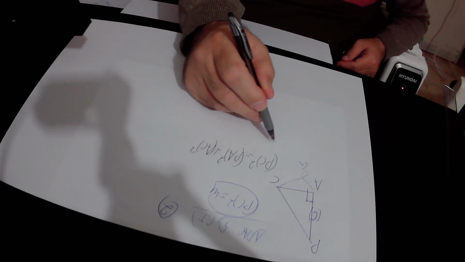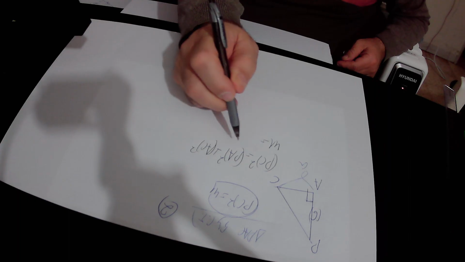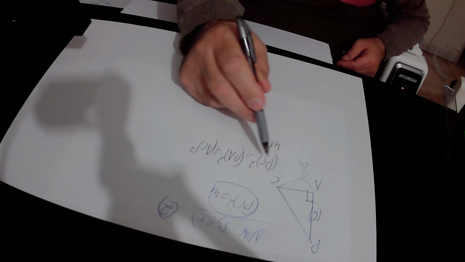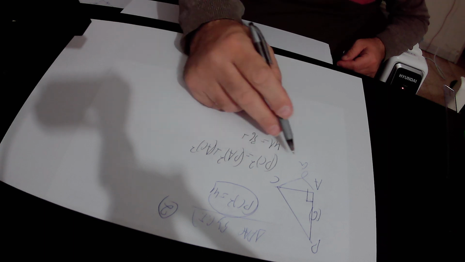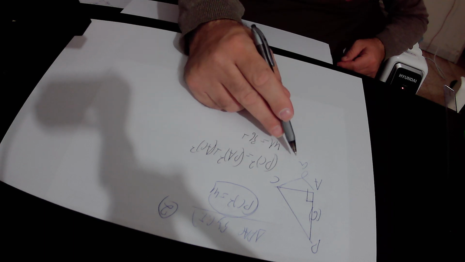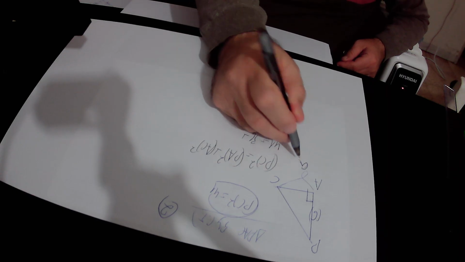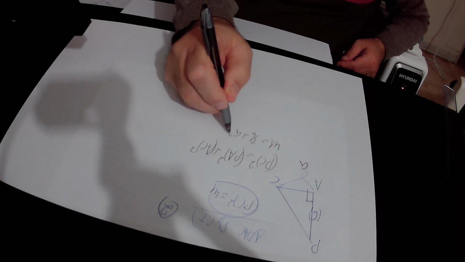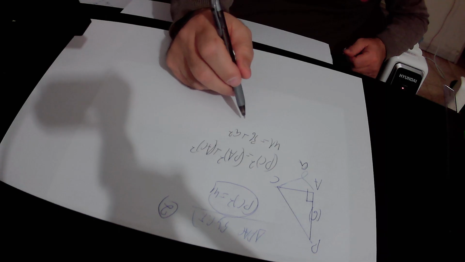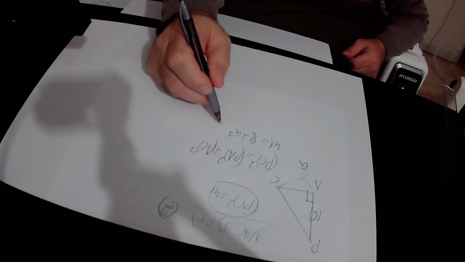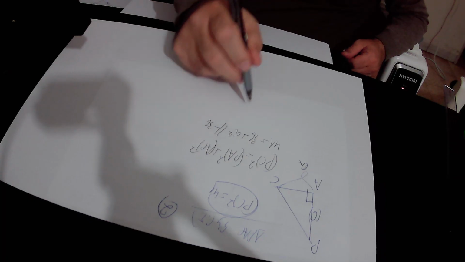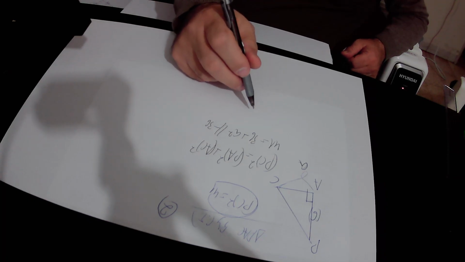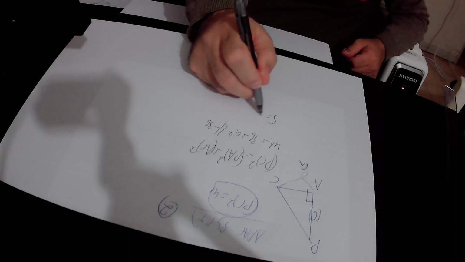PC squared is 41 and it is equal to PA squared. PA is 6, therefore PA squared is 6 squared, that is 36, plus AC squared. AC is A according to the definition, therefore AC squared is A squared. In total, 41 equals 36 plus A squared. Here we subtract 36 from this equation and we get that 41 minus 36 is 5, so 5 equals A squared.